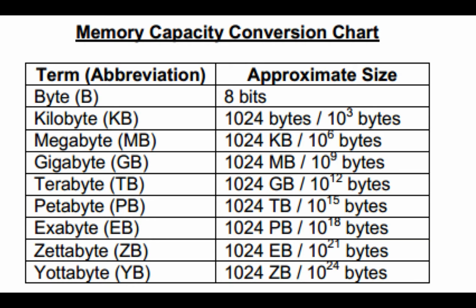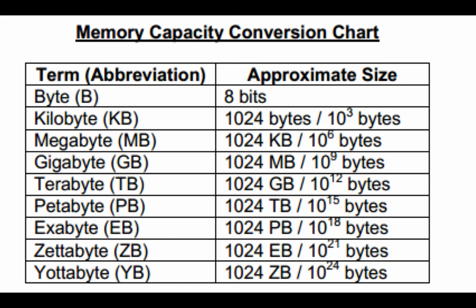You know that 8 bits equal 1 byte. Byte is greater than bit. Kilobyte is greater than byte. Megabyte is greater than kilobyte. Gigabyte is greater than megabyte. Terabyte is greater than gigabyte. Petabyte is greater than terabyte. Exabyte is greater than petabyte. Zettabyte is greater than exabyte and yottabyte is greater than zettabyte.